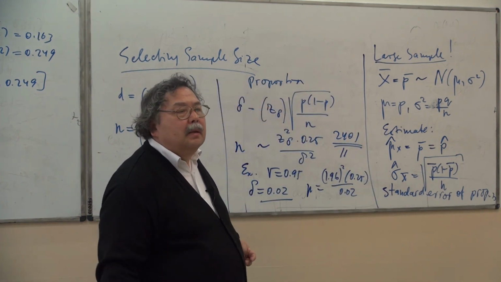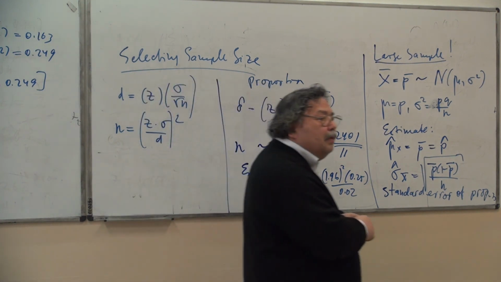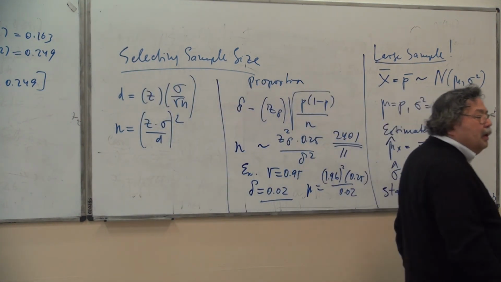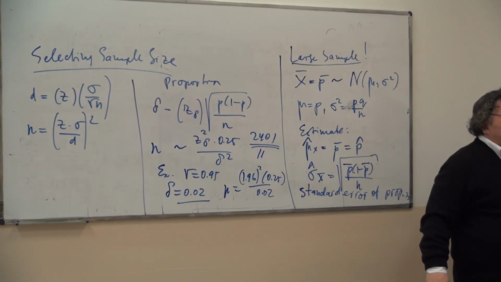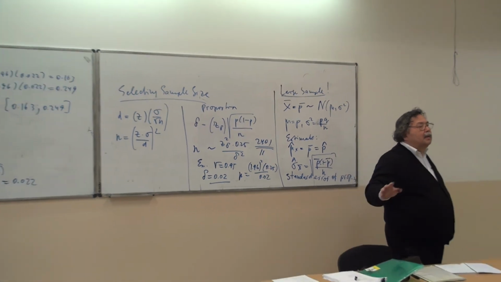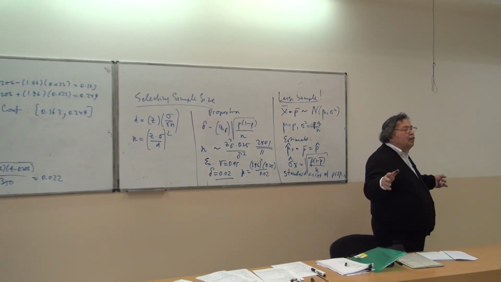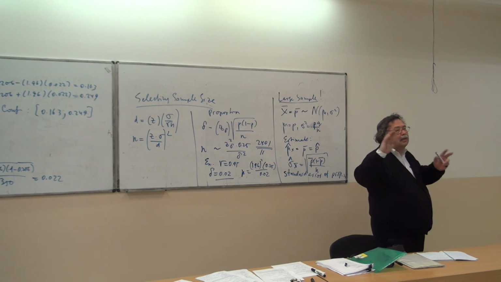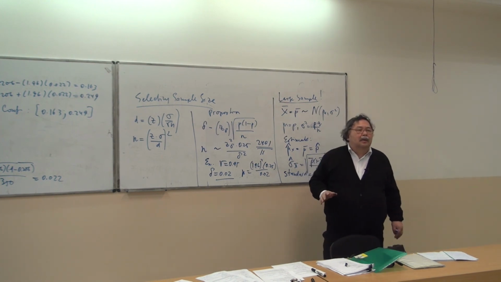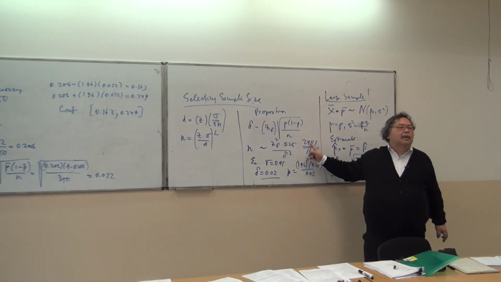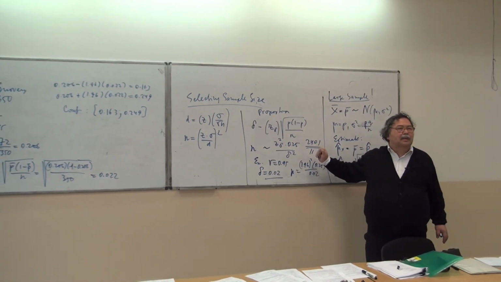So when surveys for population proportion are conducted, the samples are typically very large. It's very often the case in political polls, okay? The proportion of those who are going to vote for this or that candidate, okay? To arrive at accurate estimates, you have to interview thousands of people. This is typical.